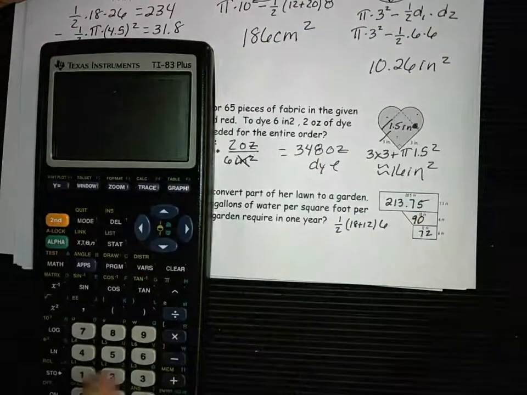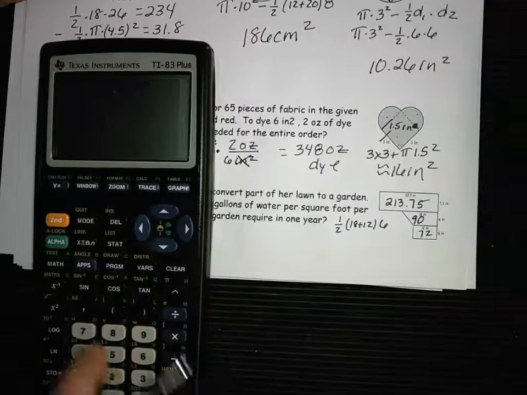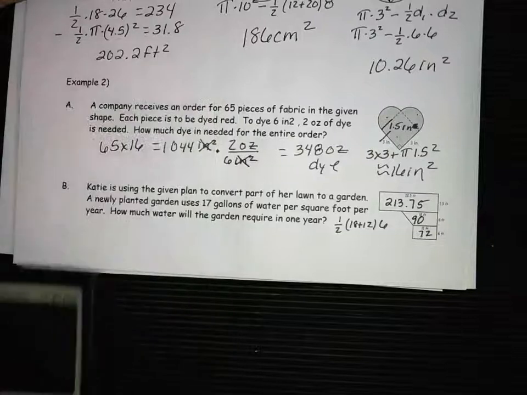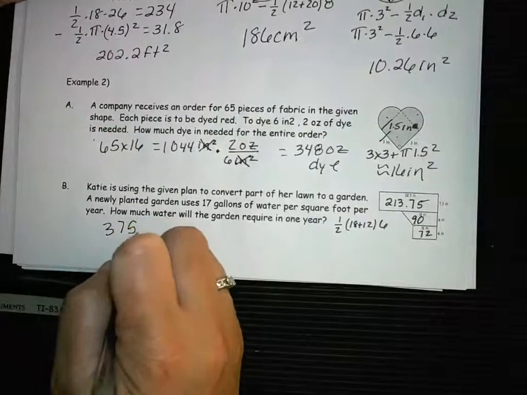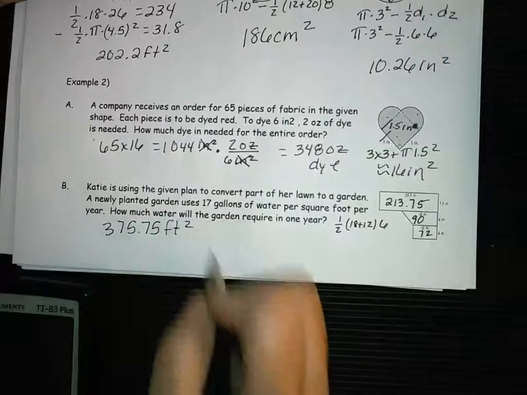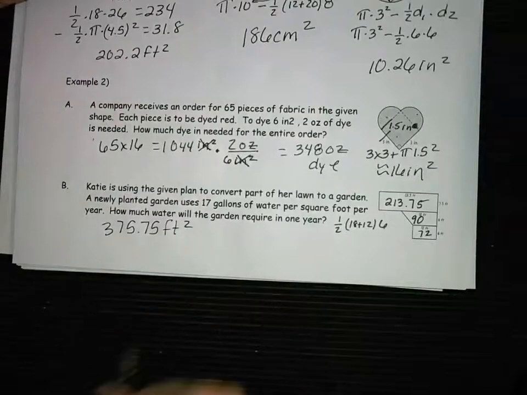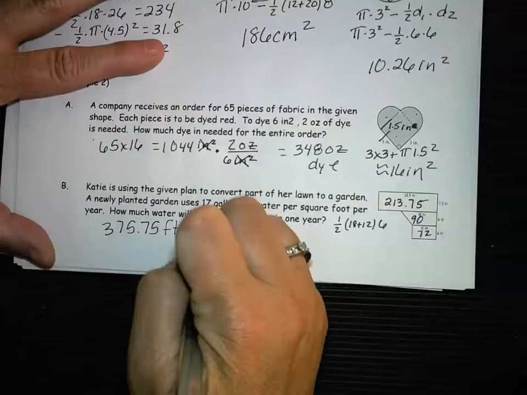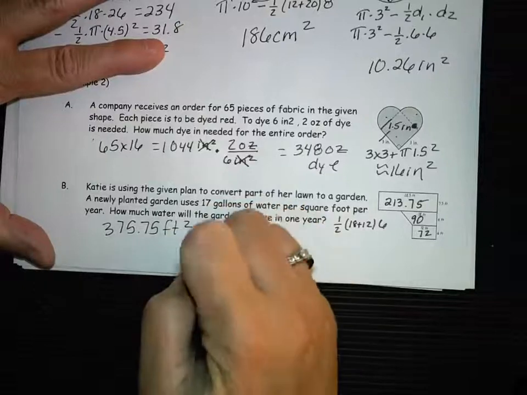Adding those together, 213.75 plus 90 plus 72, we have 375.75 square feet. This newly planted garden uses 17 gallons per 1 square foot.